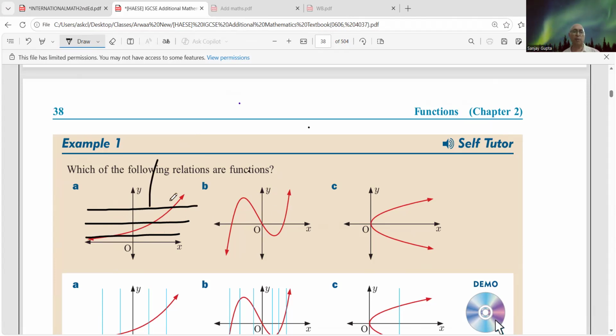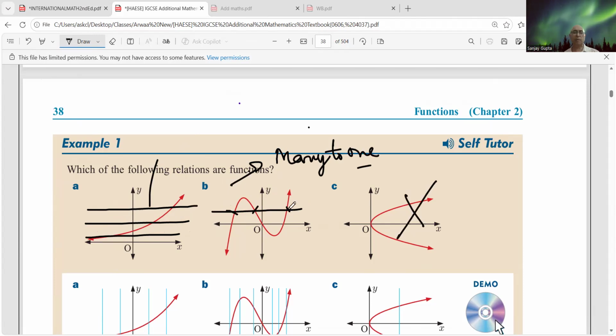Now this you can see is a one-to-one function. And every vertical line cuts the graph at only one place. Here, if you draw a horizontal line, it is cutting the graph at three places. So this is a function, but what kind of function? Many-to-one function. This was not a function at all, we saw.